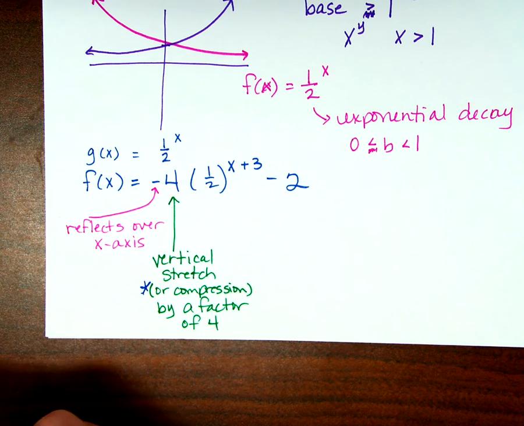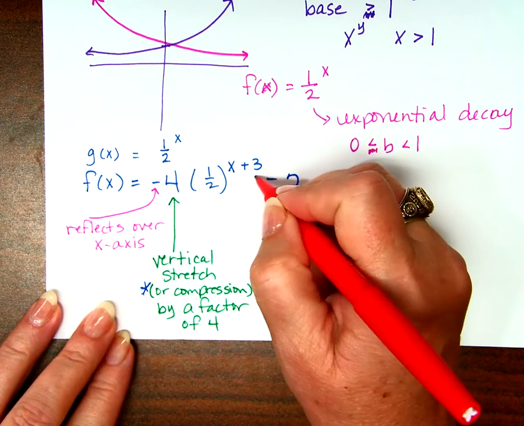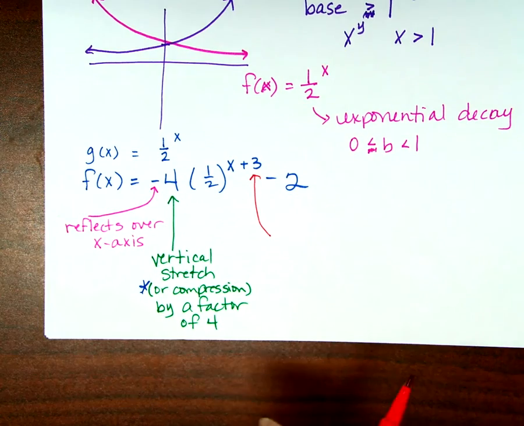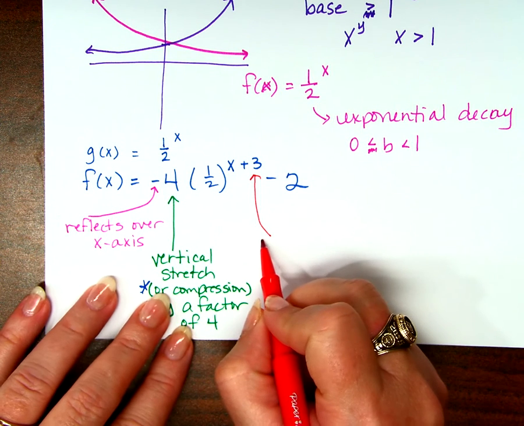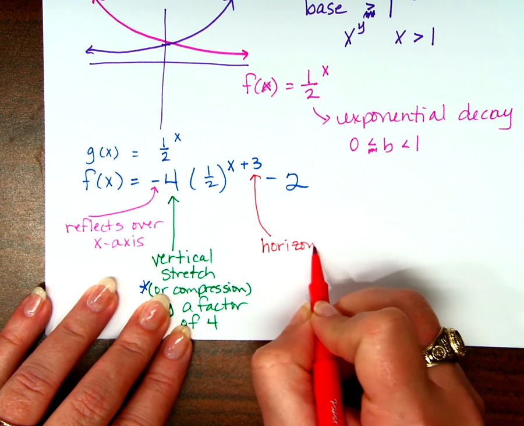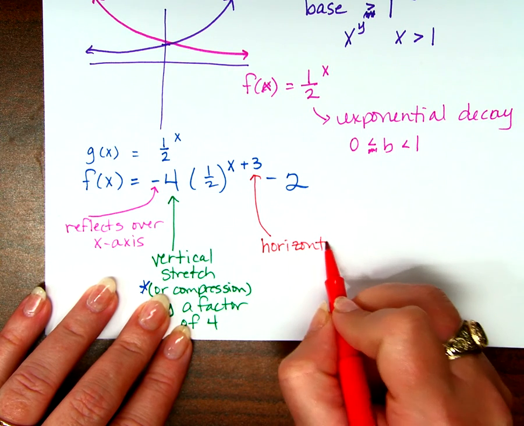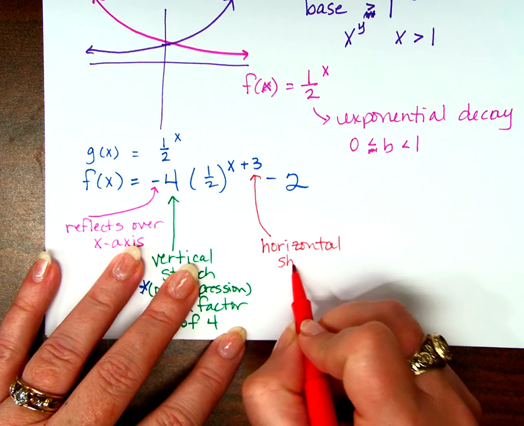What does the 3 do? Can you tell that that's inside the exponent? Well, if it's inside, what kind of change does it cause? This causes a horizontal change. What kind of change? A shift.